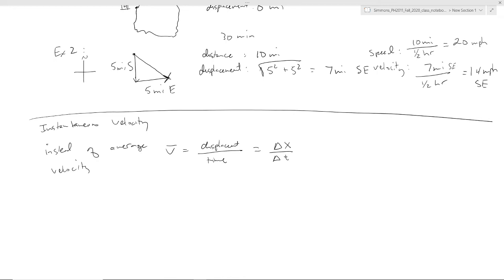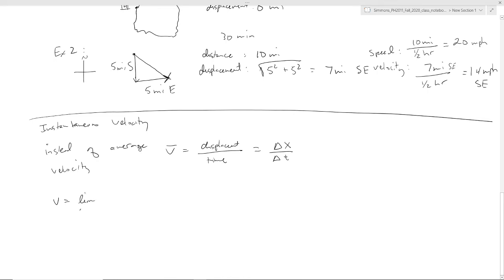A change in something may be reminiscent of derivatives to you, or hopefully that sounds a little bit familiar. So what happens is if we imagine this delta x over delta t as that change in time becomes very small, this average velocity becomes instantaneous, like an actual function.